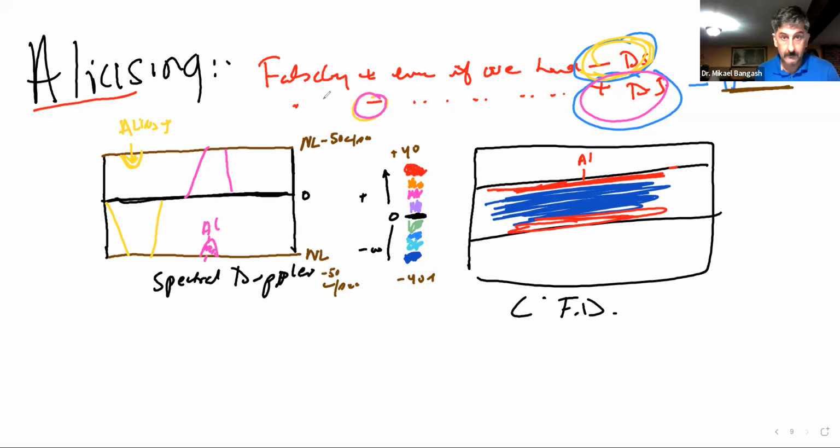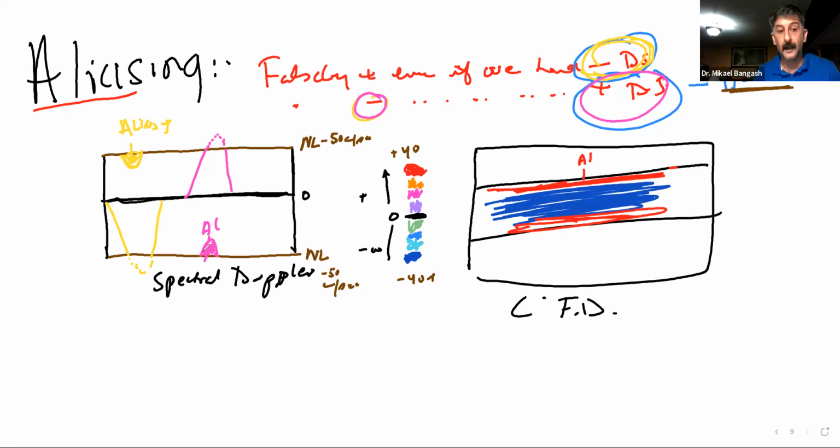Just like we can say this aliasing here will be shown up here, or this aliasing actually shows like here. Did that make sense?